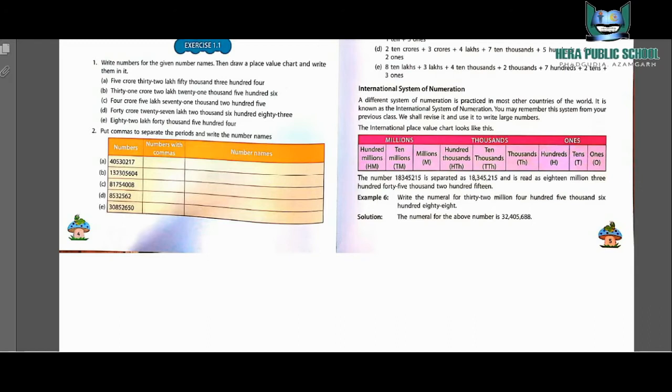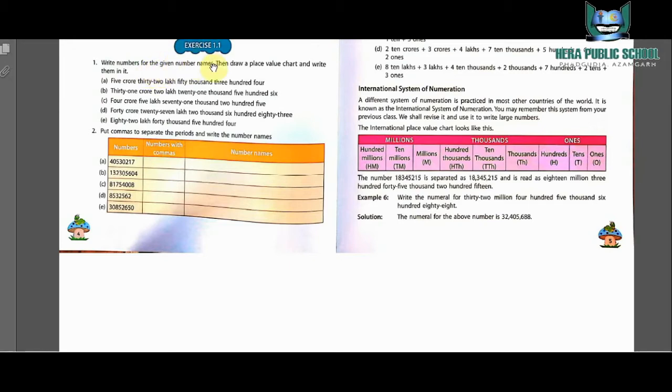Dear students, now we are going to solve exercise 1.1. Question number one is: write numbers for the given number names, then draw a place value chart and write them in it. First we have to write numbers for the number names.